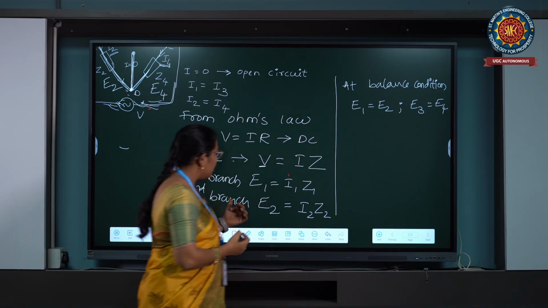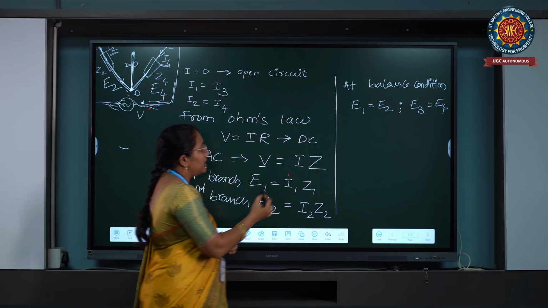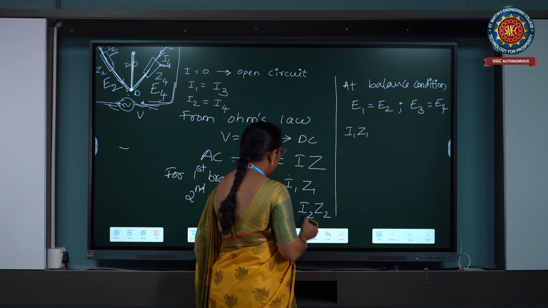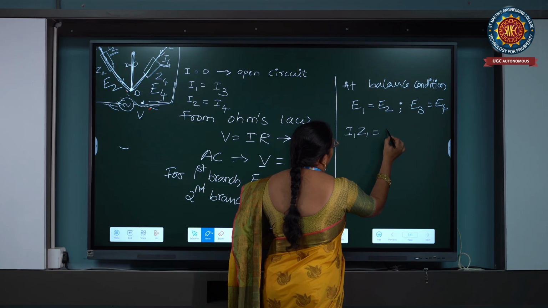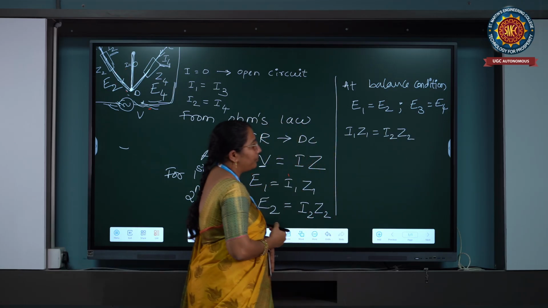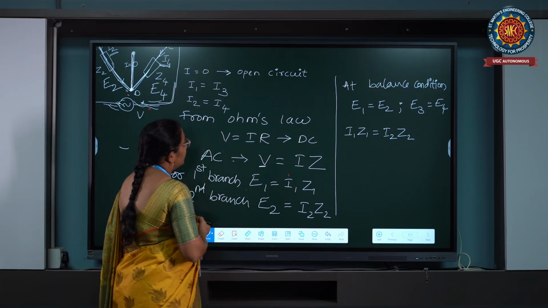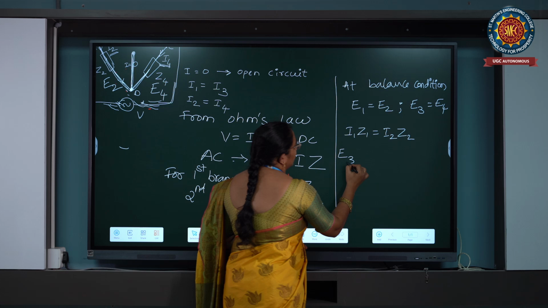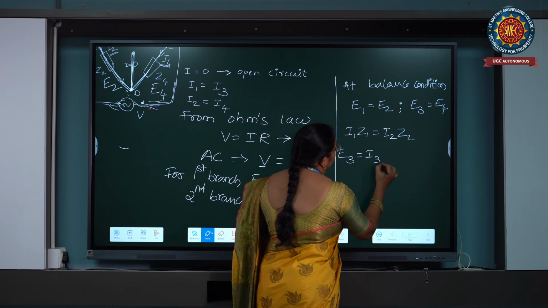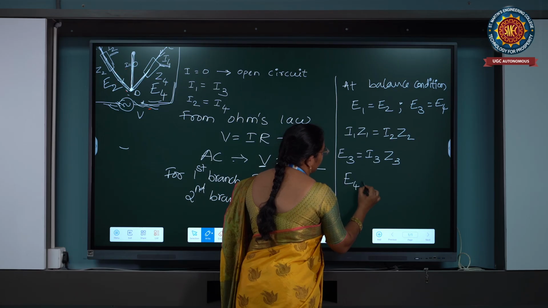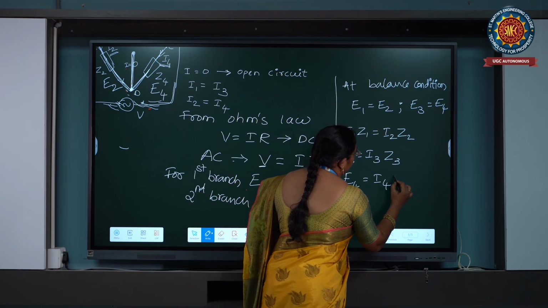What is E1? Here E1 is equals to I1 Z1, that is equals to I2 Z2. What about E3? E3 is denoted as I3 Z3 and E4 is I4 Z4.